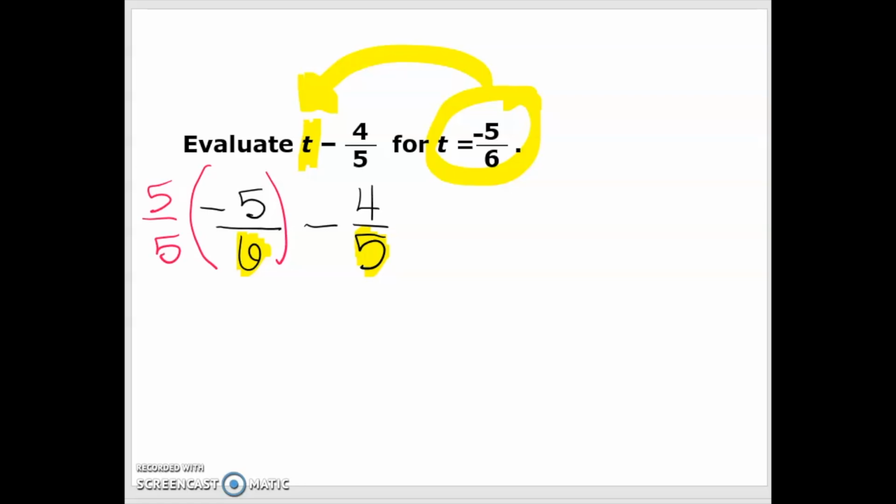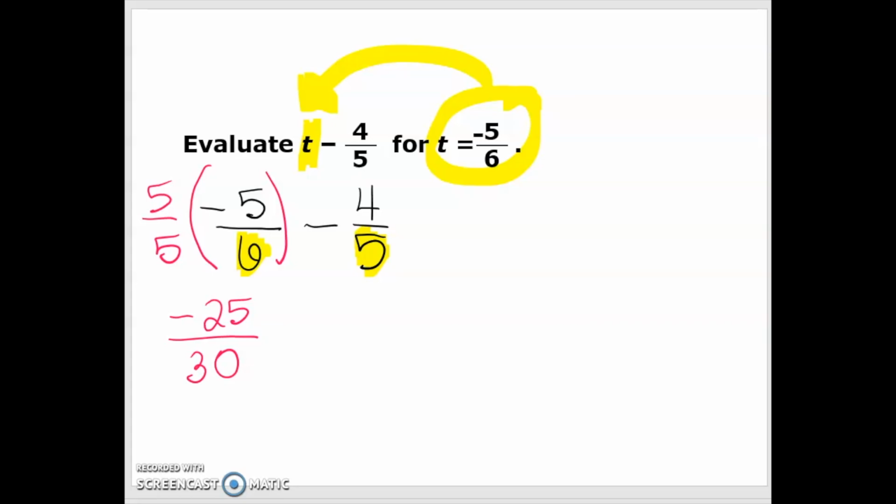Remember, whatever I multiply the denominator by, I need to multiply the numerator by. And I put these parentheses here so that we know this is multiplication. Otherwise, you might think you're subtracting and you might confuse yourself. So it's really important to always insert the correct symbols. So 5 times -5 is -25. 5 times 6 is 30.